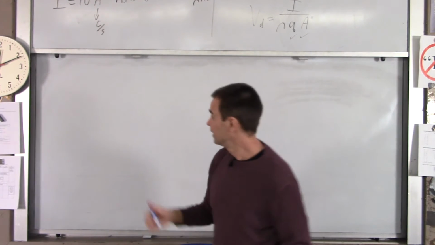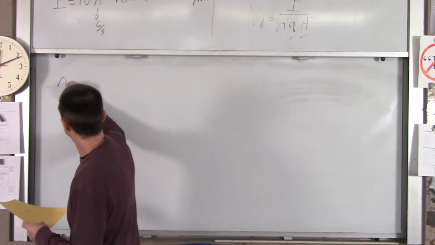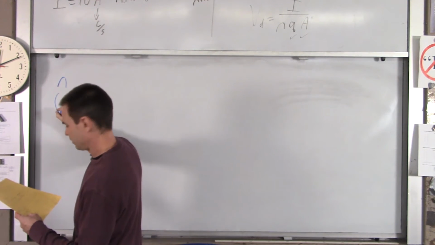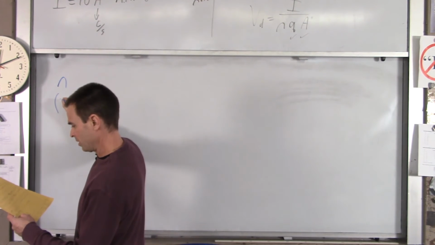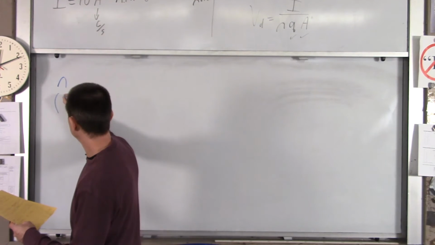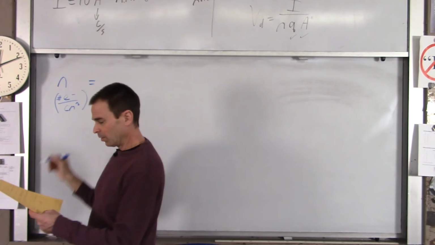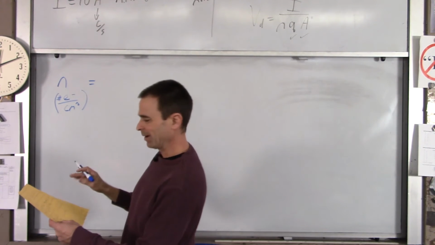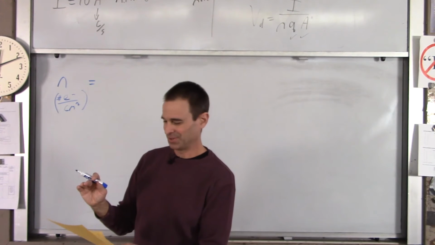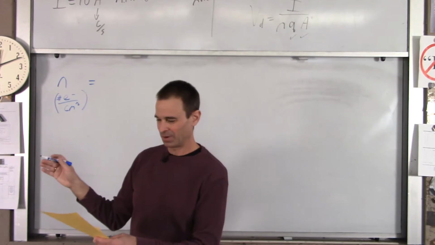Well, N, and I'll do the units down here, is the number of electrons per centimeter cubed. I'm going to write the units out first, and then I'll show you where it comes from.